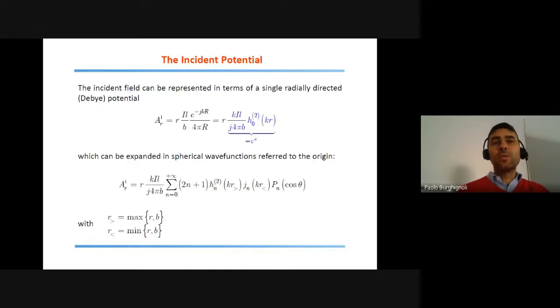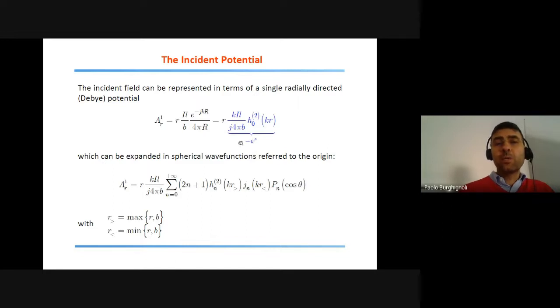Now, the incident field, we have seen, can be represented in terms of a single Debye potential, which has therefore a radial component, A sub r, for the incident field, which is proportional to the free space Green's function, and it's also proportional to the radial coordinate r, and inversely proportional to the distance b between the source and the origin. And in particular, as you can see here in blue, the Debye potential is written in terms of the wave function psi a.